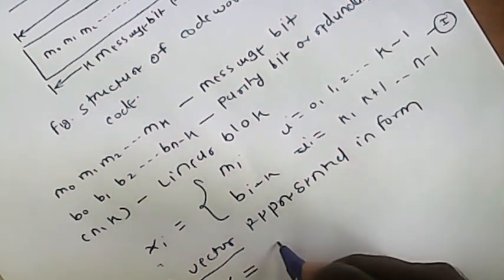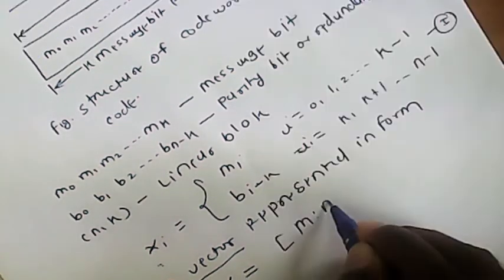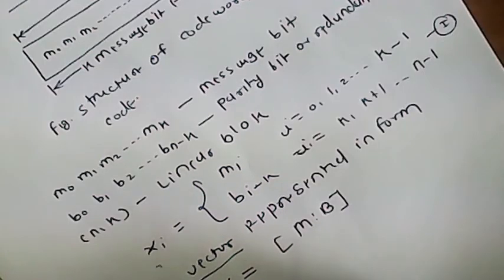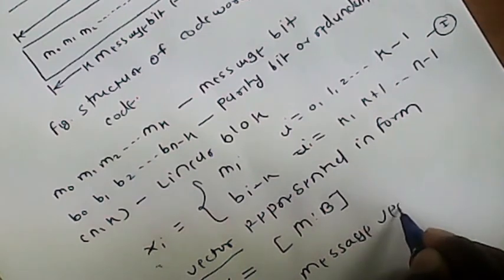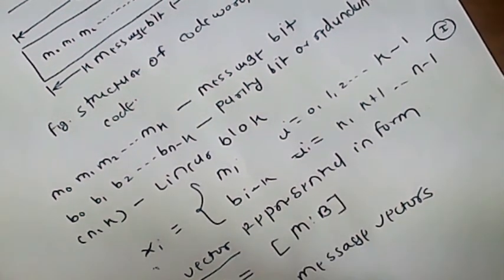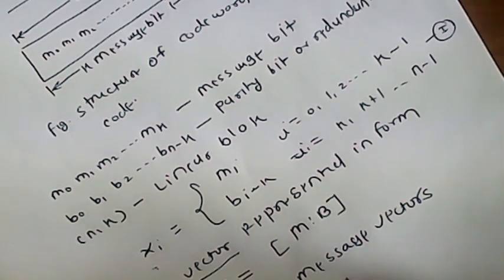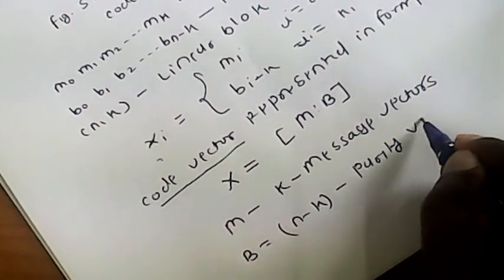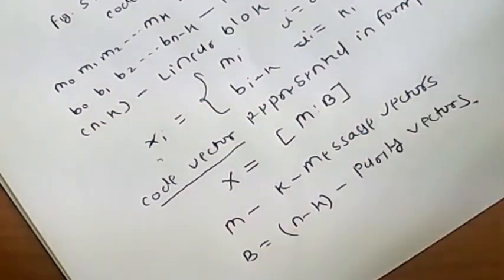So x is equal to m b, where m is the k message vector and b is the n minus k parity vector.